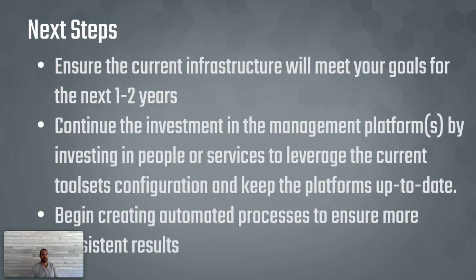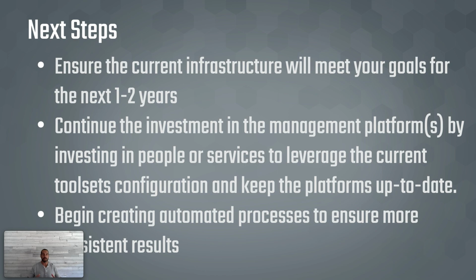So if you find yourself in that step, some good ideas to look at next, how to progress from there, right? The first step is ensure that the current infrastructure will meet your goals for the next 2 years. So let's say you have SCCM in your environment, you have Active Directory, and your Azure Active Directory synchronization is happening, so your devices get joined to Active Directory. The synchronization is occurring between AD Sync, AD Connect.